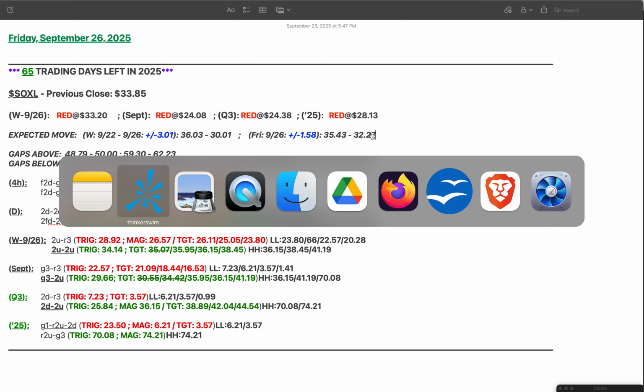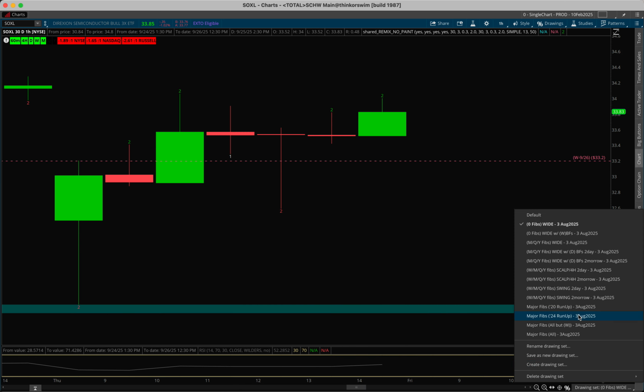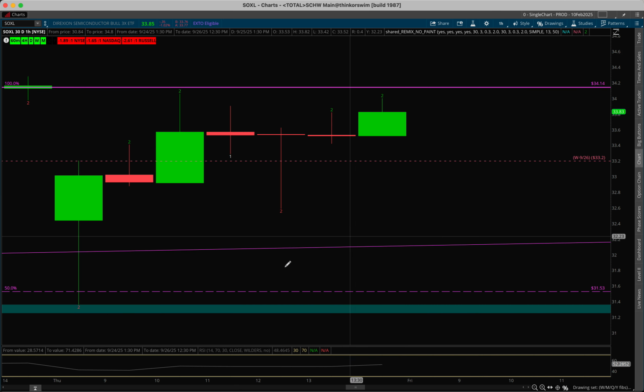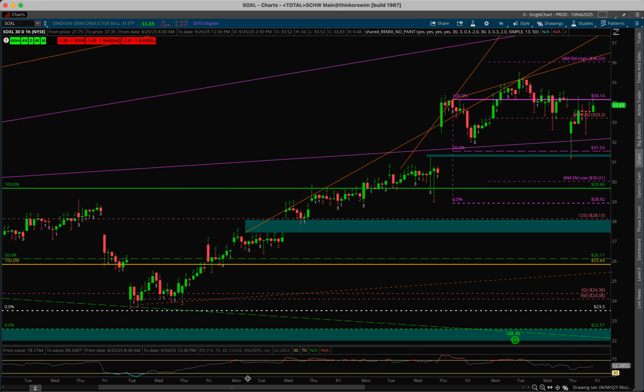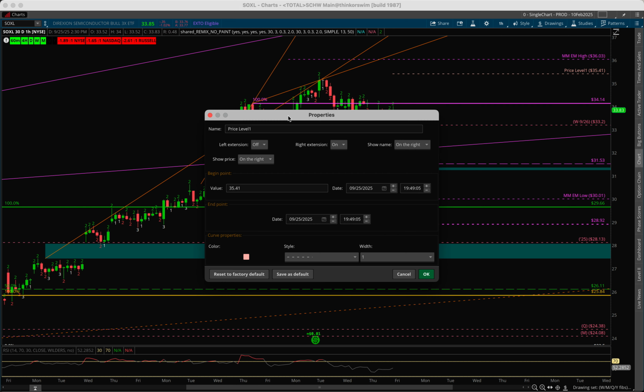All right, so we would go out here and mark on our chart. We would just put a marker out here for, was it 35.43? Almost to it.